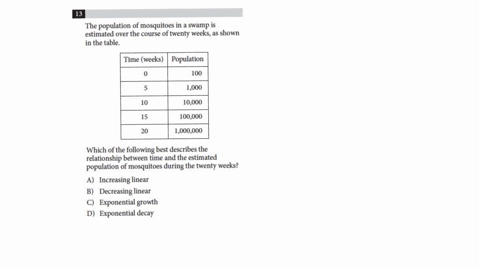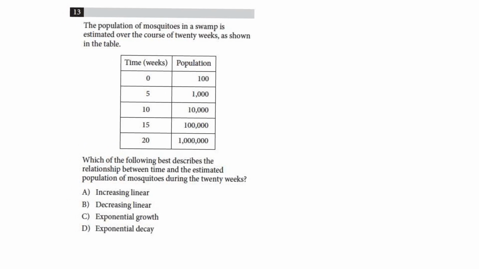Okay, 13. The population of mosquitoes in a swamp is estimated over the course of 20 weeks, as shown in the table. Which of the following best describes the relationship between time and the estimated population of mosquitoes during the 20 weeks?